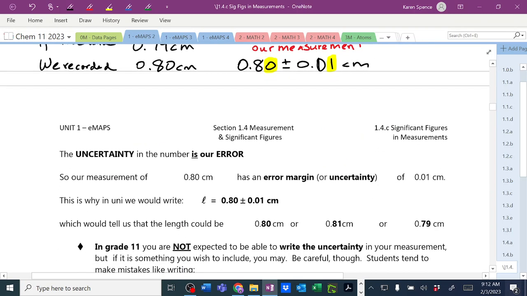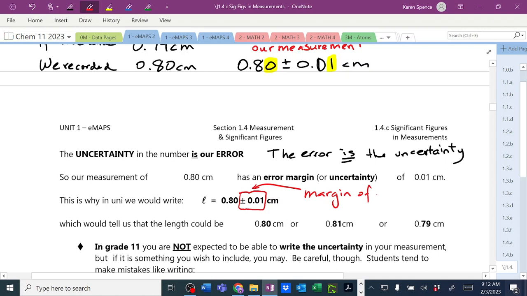So the uncertainty is our error, and the error is the uncertainty. They are one and the same. Our margin of error is plus or minus 0.01 centimeters. That is our uncertainty.